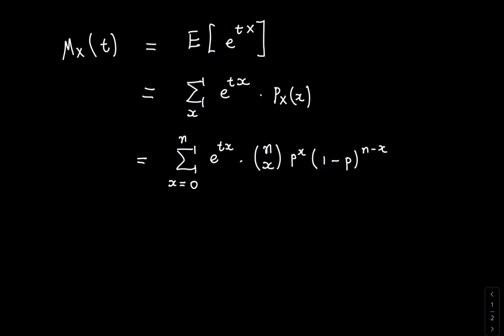Recall from our power laws that e to the tx is the equivalent of e to the t, all to the power of x. And when we write it in this way, we can combine it with the p to the x here.